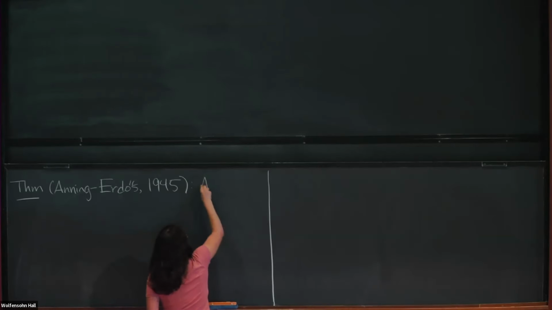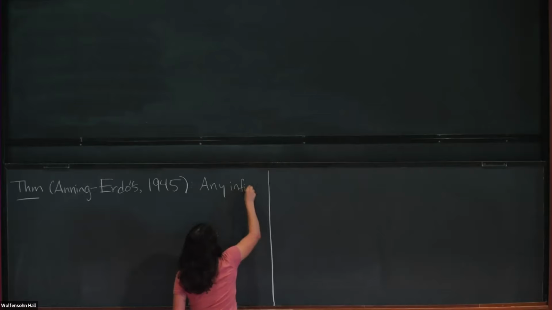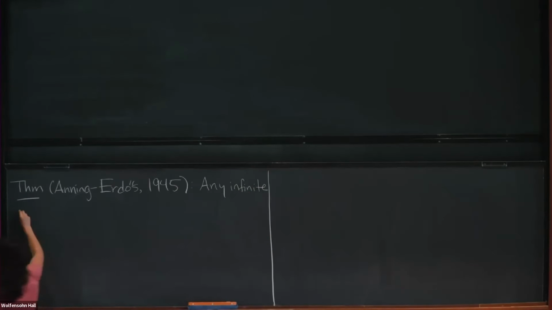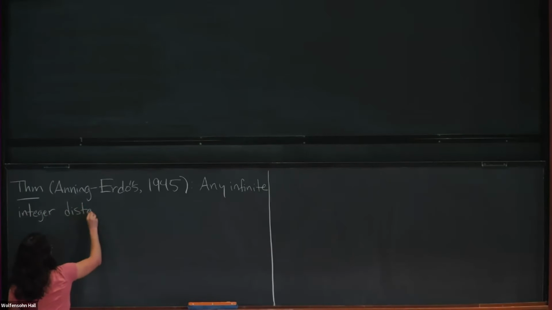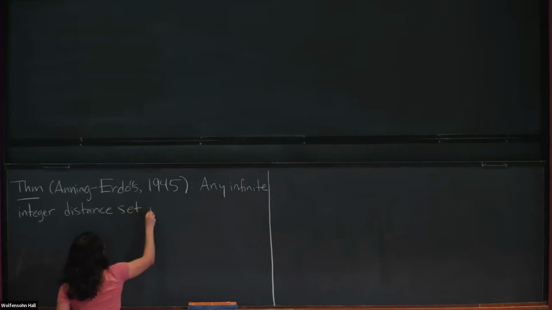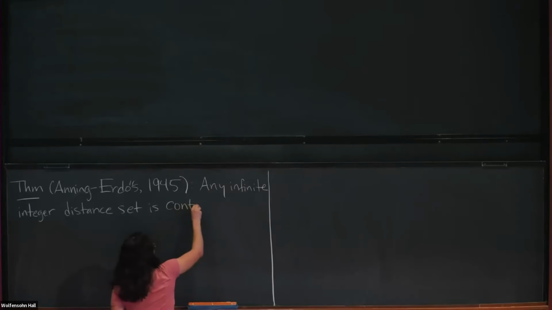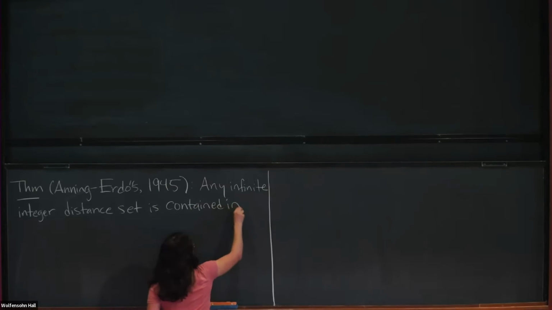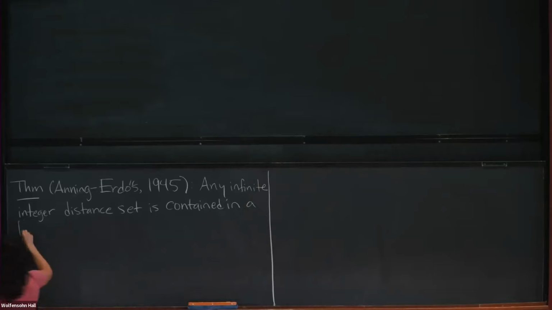They prove that any infinite integer distance set is contained in a line. I can give you the proof of this in a little over half a board. But the proof I'm going to give you is not their original proof, but another proof that Erdos came up with shortly after.